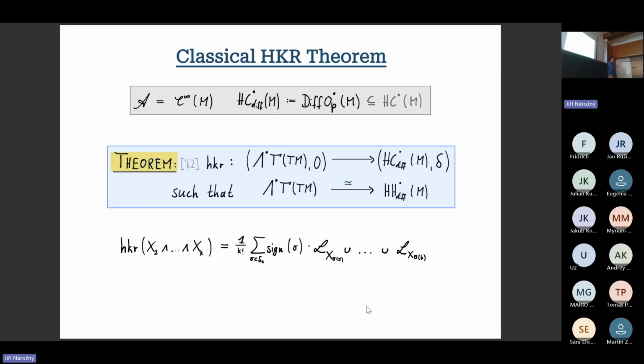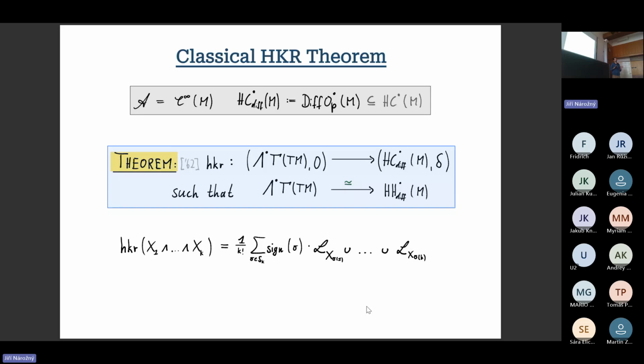So for once, most, if not all of the proofs are local. So what people did is, well, choose a chart, choose coordinates, compute cohomology in coordinates, and then glue things together.